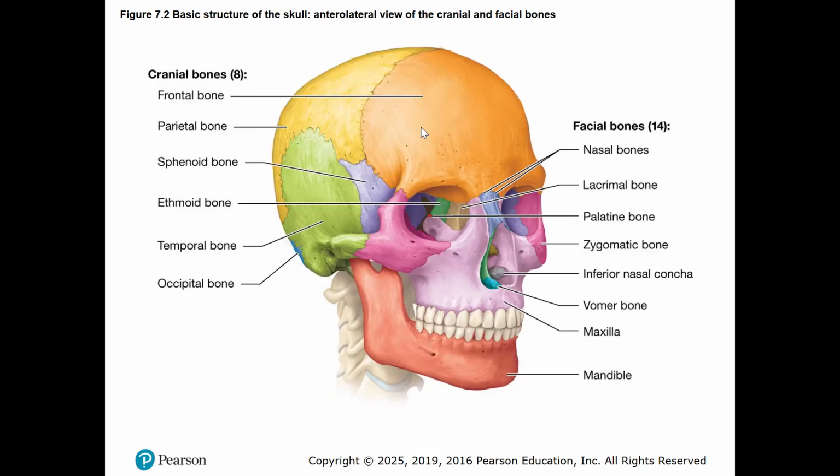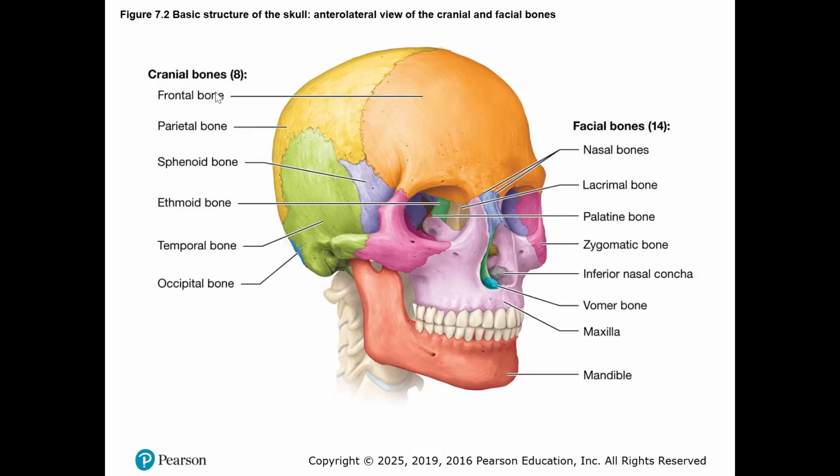In orange here, you have your frontal bone that makes up the forehead. This is where you'll find your frontal sinuses, that hollowed area of the bone here, and it forms part of those paranasal sinuses as well.